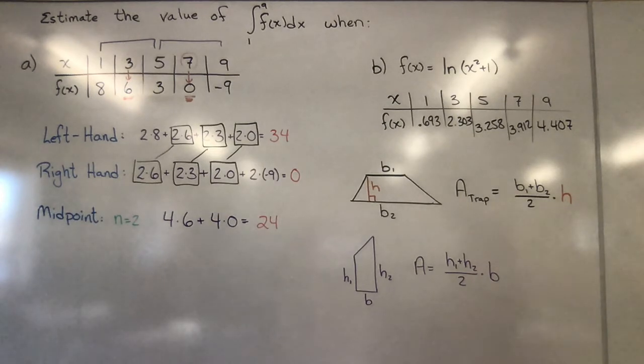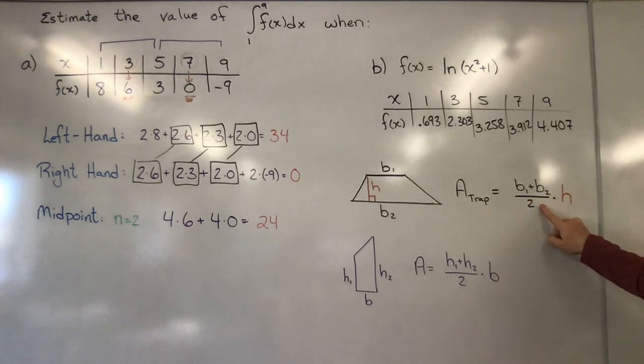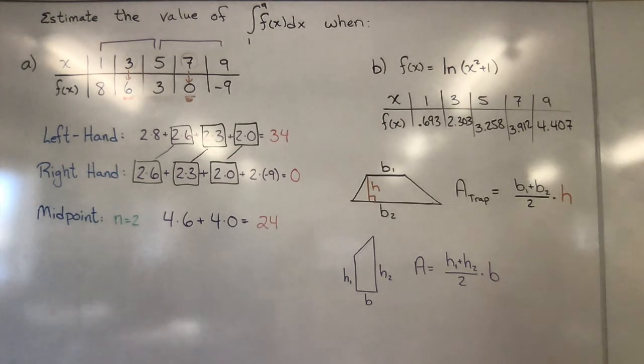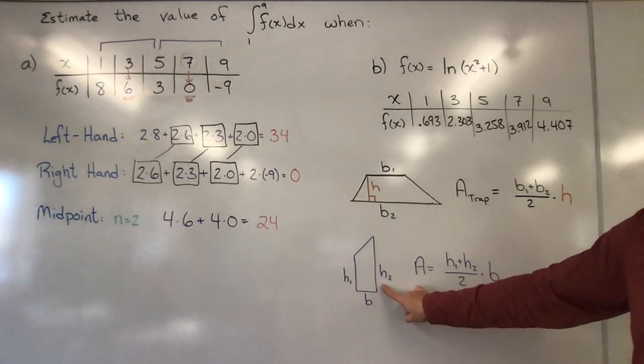Now, here's a quick reminder of a little bit of geometry. If you recall, we used to find the area of a trapezoid by taking the average base. That means I add up the top and the bottom base, whatever their size is, and divide by 2. It gives me the average base times the height. What's going to happen here with our trapezoids is normally they're going to be set up vertically.